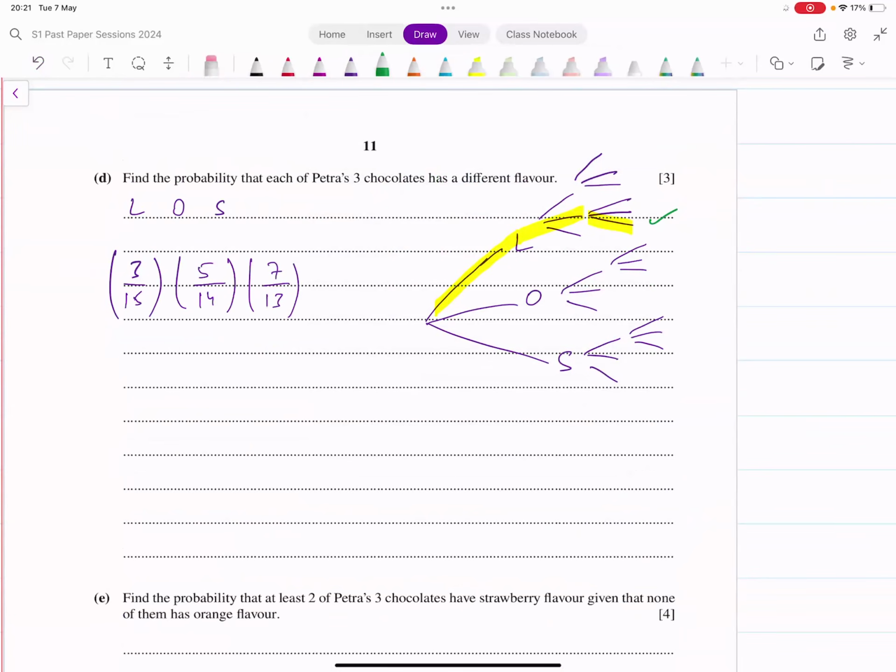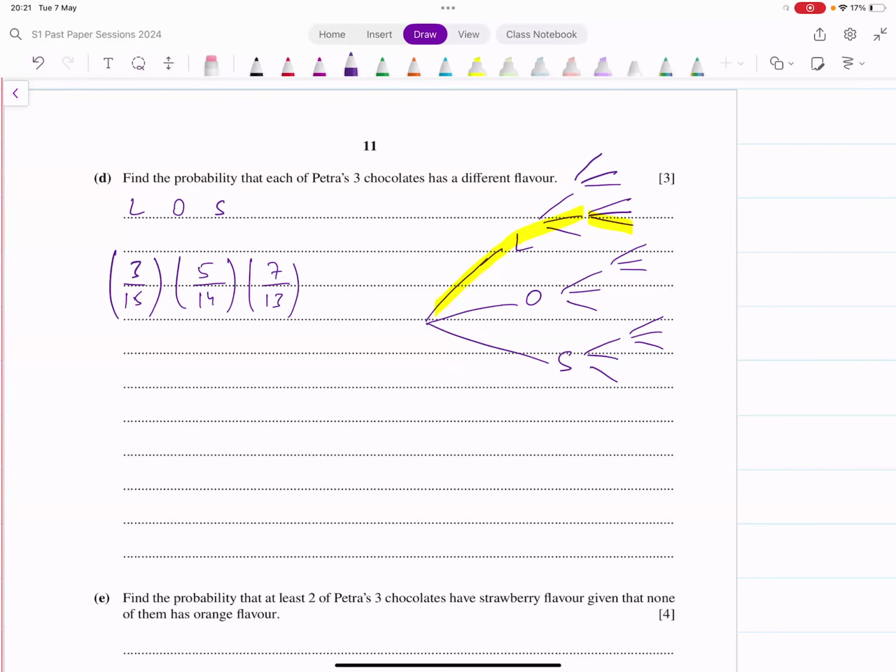There are other paths as well. You could have orange first, and then lemon, and then strawberry. Orange, lemon, strawberry. You could have lemon, strawberry, orange. There are many different pathways like that. How many different paths like this exist on this tree diagram? In how many ways can you arrange L, O, S?